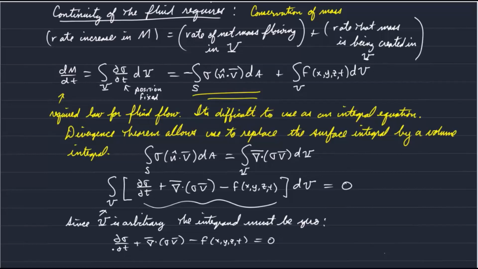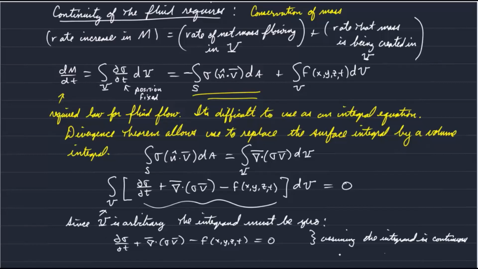For example, this is also assuming the integrand is continuous. We can imagine looking at a very small point in which this integrand was not equal to 0.